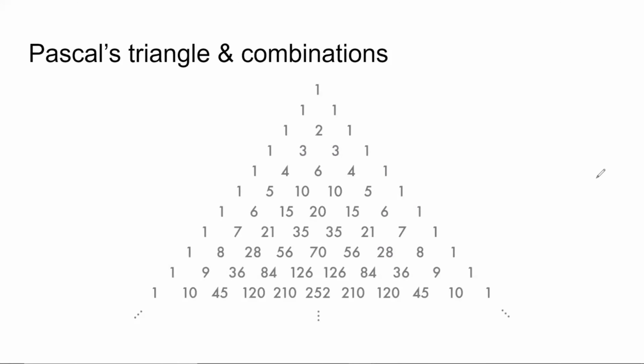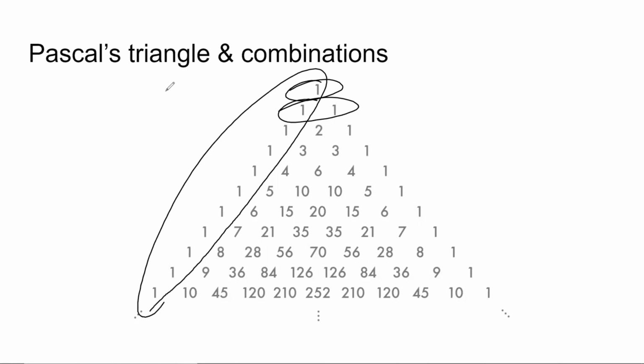His name was, I think, Blaise Pascal, and he came up with this triangle. The way this triangle works is it's a triangle of numbers. In the first row, we have 1. And the second row, we have 2 ones. And you'll see that the entire outside of the triangle is all 1s.